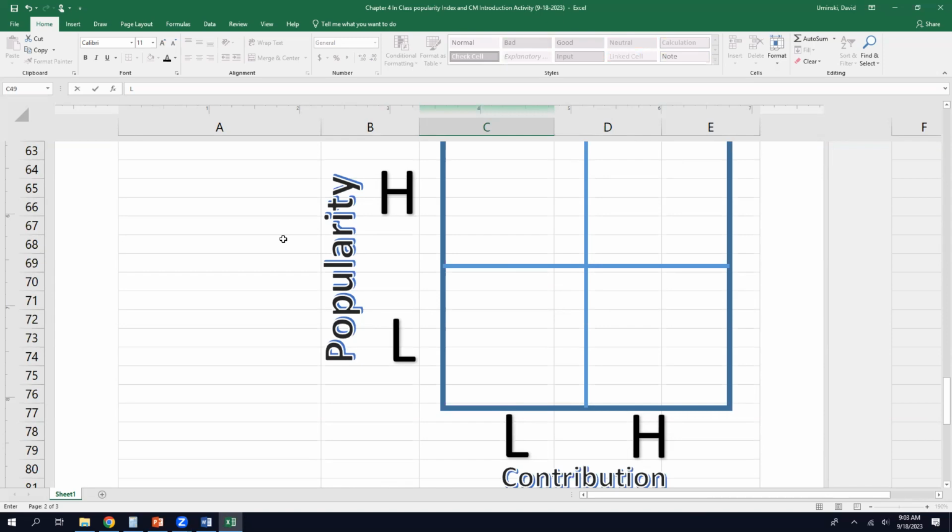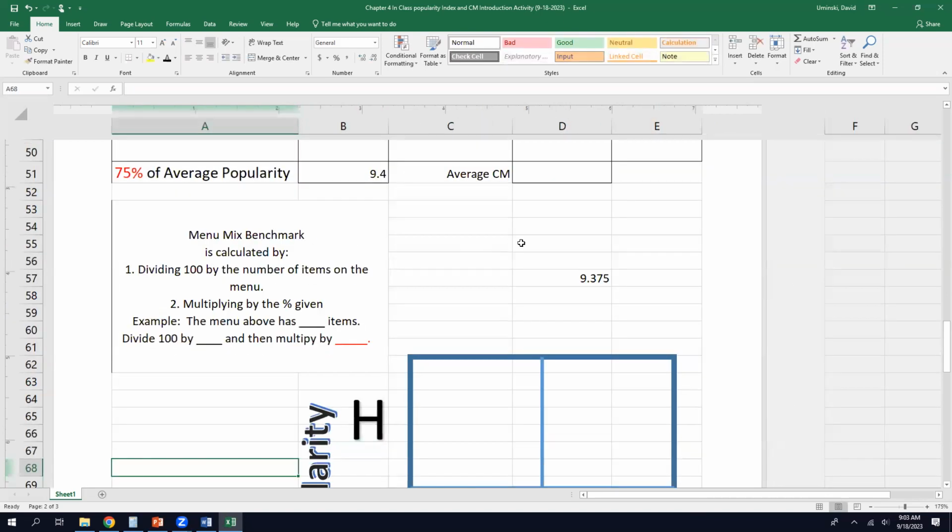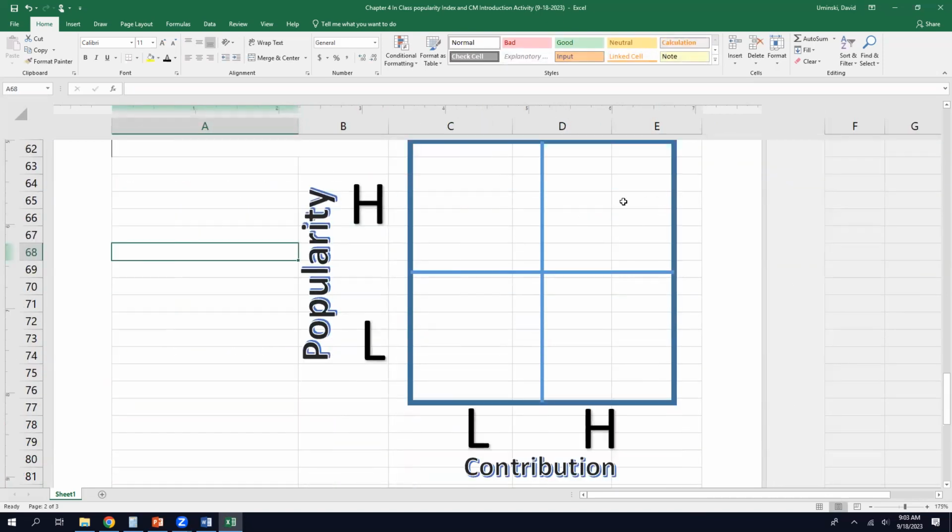You can refer back to your notes if you would like to, but what is this top right quadrant? That is our stars, okay? The bottom left quadrant is the dogs, okay?